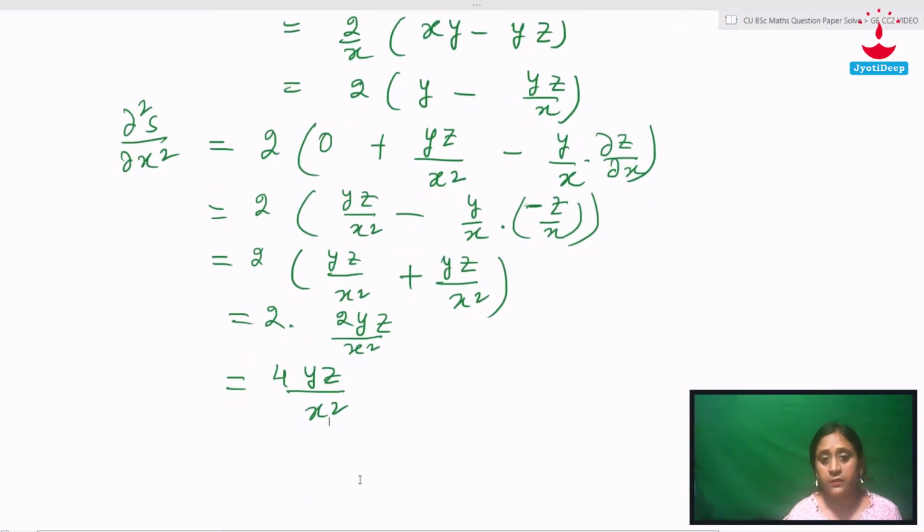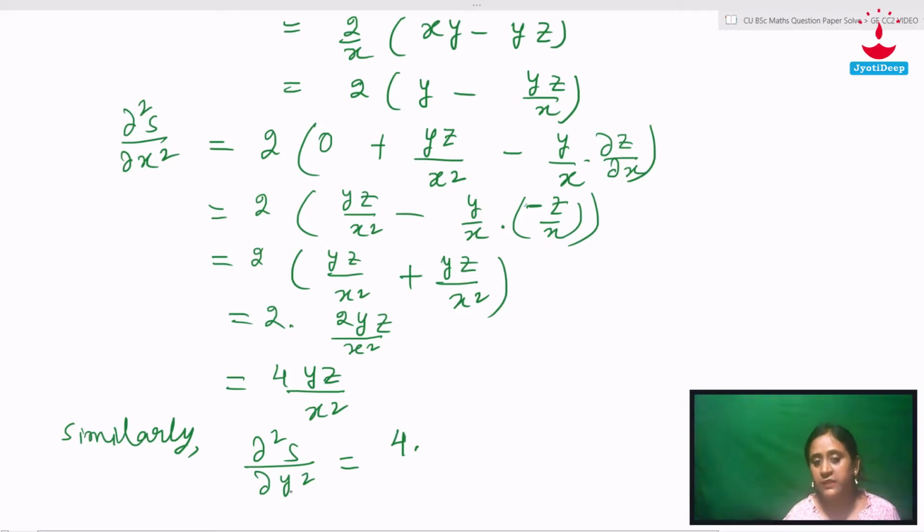Similarly, we can find out del 2s by del y square equal to 4 into, when we are differentiating it with respect to x, we got yz. So we are differentiating with respect to y, so we will get xz over here.